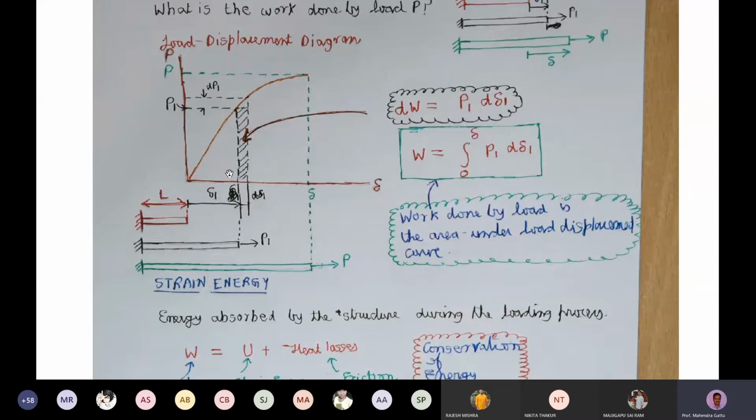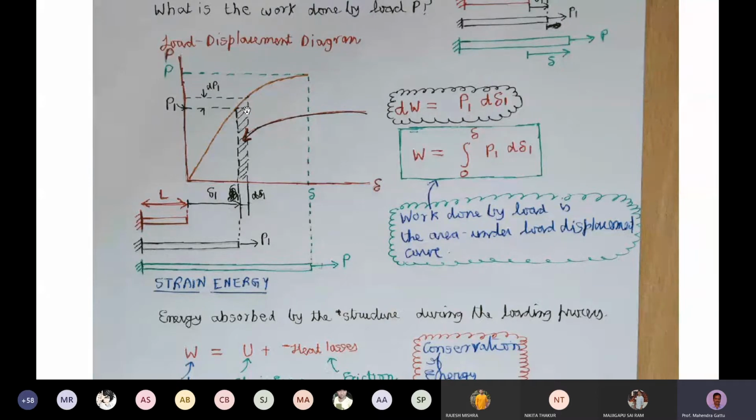We can look at an intermediate position where the deflection of this point is delta 1, and at that position the load is P1. So this value is delta 1, and this length is P1. Now we give a small displacement from this position to the right, the displacement d delta 1.